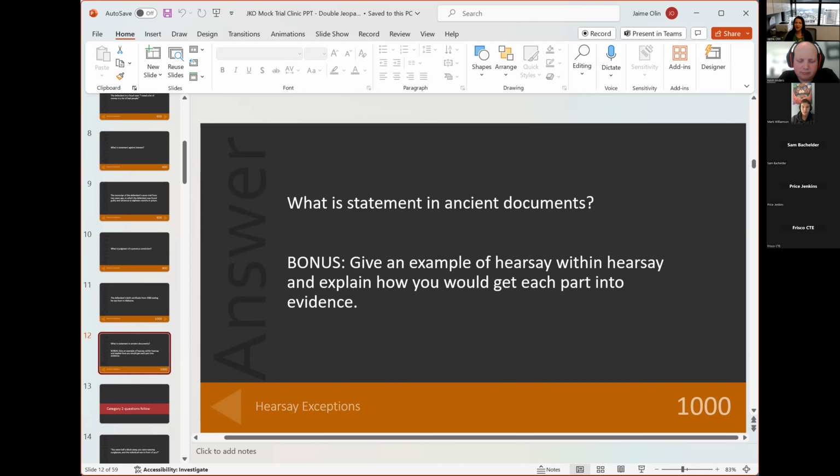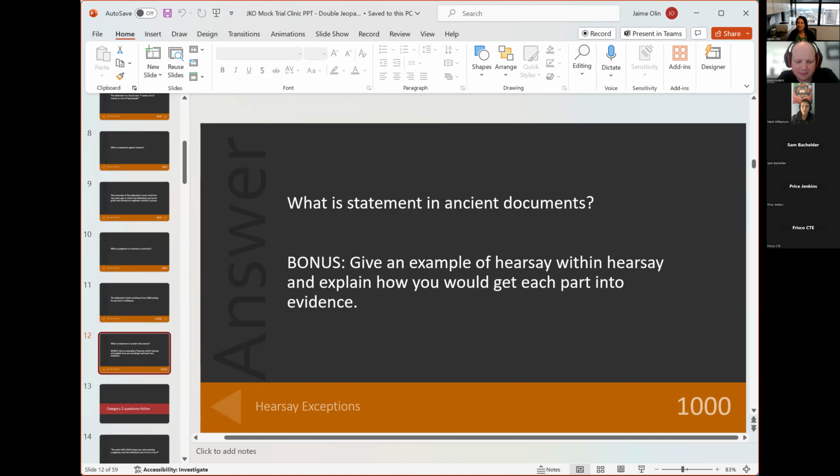And for everybody, hearsay within hearsay is the kind of thing that, at least for me, made my head explode when I was in law school, because I kind of understood hearsay, I kind of understood the exceptions, and then this thing showed up and I couldn't process exactly what it meant. It took me a while. But basically, it is that situation where you have a hearsay statement that maybe is also talking about a document that's hearsay.